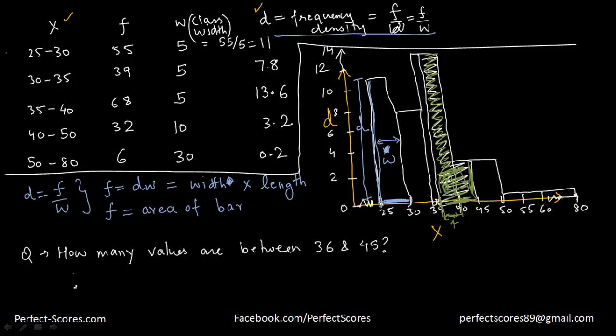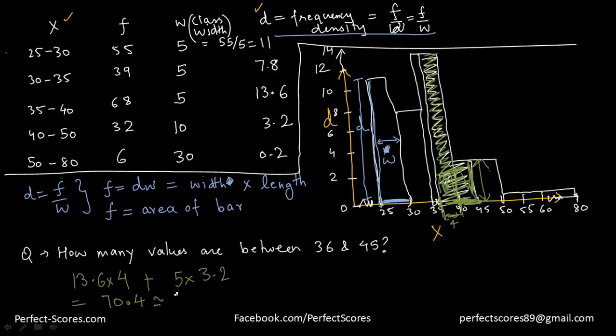So the area is going to be length times width, plus the area of this rectangle over here, which is 5 times this length, 3.2. So our area is 13.6 times 4, plus 5 into 3.2, which gives me 70.4, right?